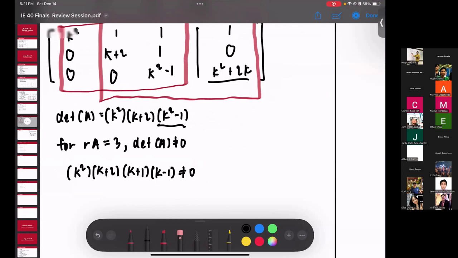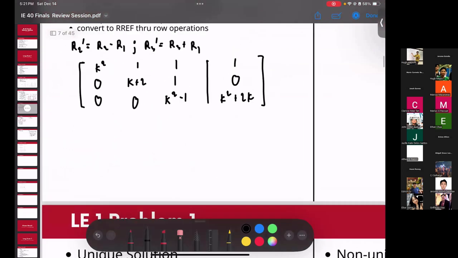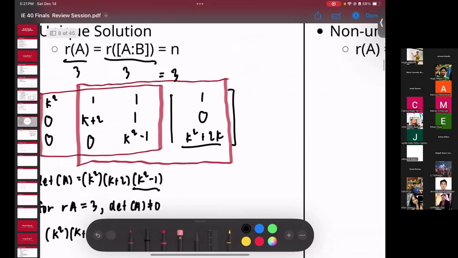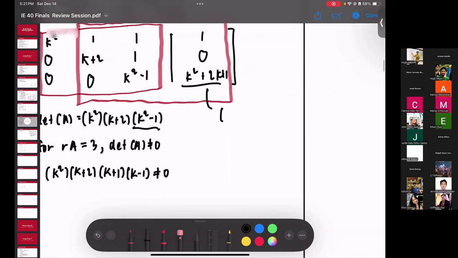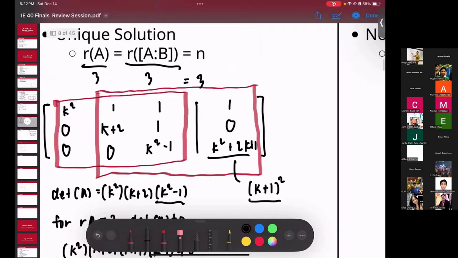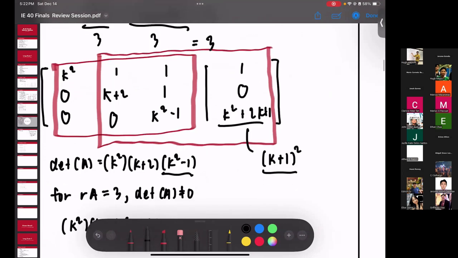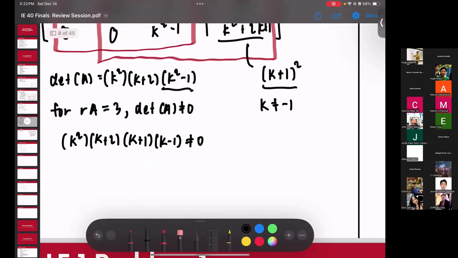So factoring this out. And wait. Okay, I forgot to add one here. Sorry, so that should be plus one. So breaking this up further, this will become k plus 1 squared. So for the A augmented B, so that it doesn't become rank 2 or lower, so it stays rank 3, k cannot also be -1. So that's covered here already.